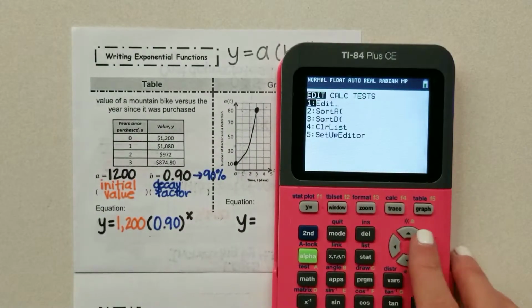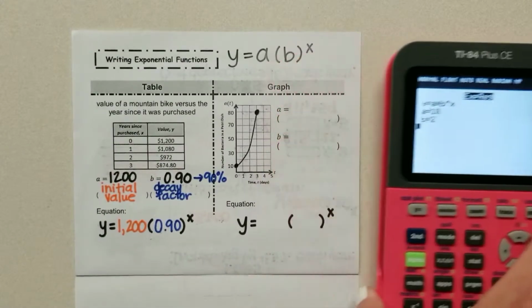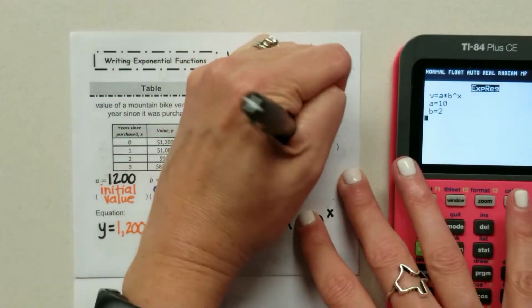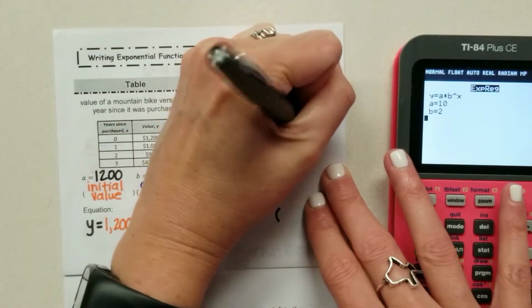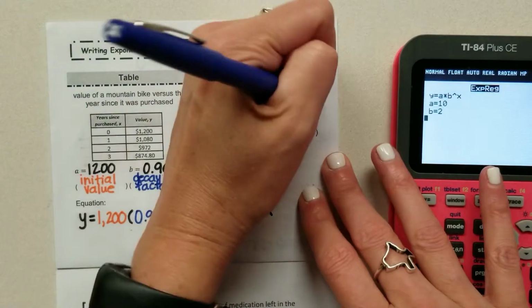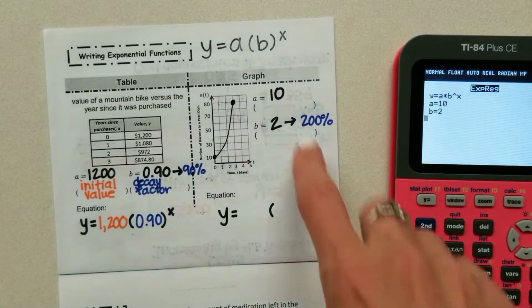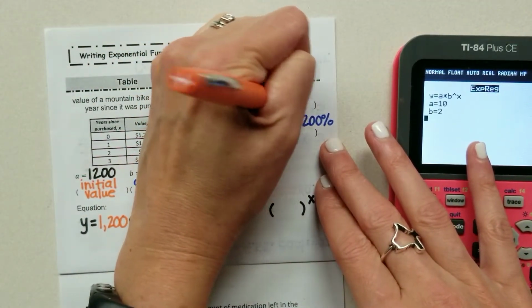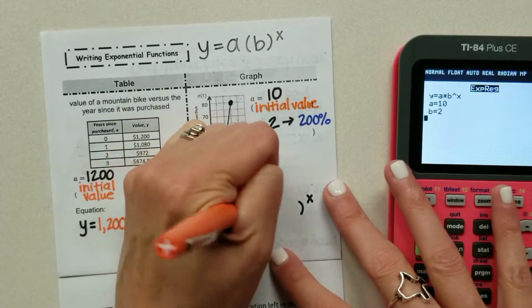So now I'm going to hit stat. I'm going to arrow over to calc, and remember option 0 if we want an exponential equation. We're going to arrow down to calculate and press enter. And my a value is 10, and my b value is 2, and that is going to turn into the percentage of 200%. And 10, that is my initial value. So I know what my starting value is.